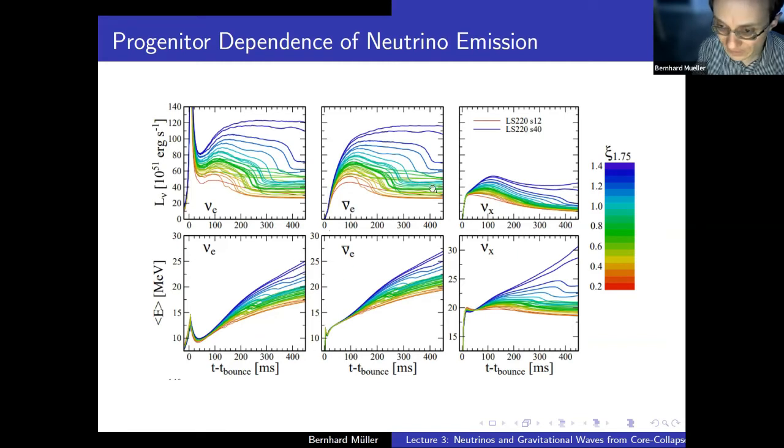And even in the worst case, where you completely swap the electron flavor with the heavy flavor, you still see quite a strong progenitor dependence in the heavy flavor emission as well.